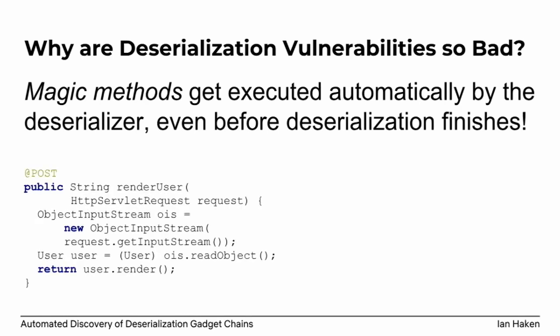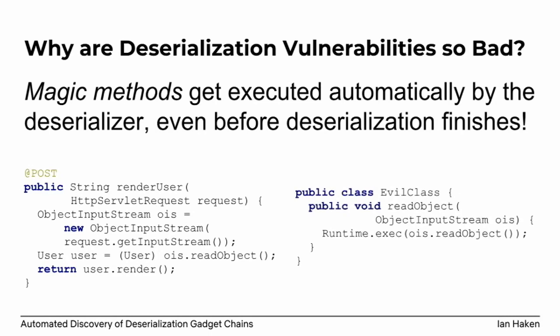So here's another example of that. This is the exact same post endpoint as before. But let's say you have this evil class that's on your classpath for some reason. This probably doesn't actually exist anywhere, but for the sake of the example, this class implements this readObject method, and that's one of these magic methods that gets automatically invoked. And that thing's going to read something out of the ObjectInputStream and execute it, so shell out to whatever it read in.